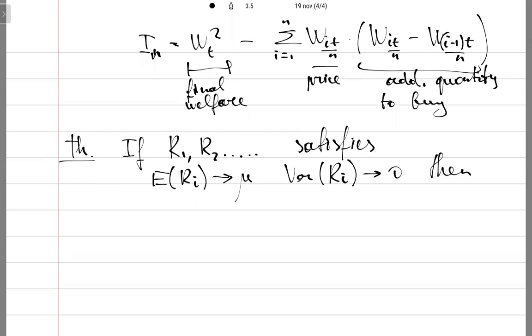Then all the stochastic limits, R1, R2, tend in L2 to mu.